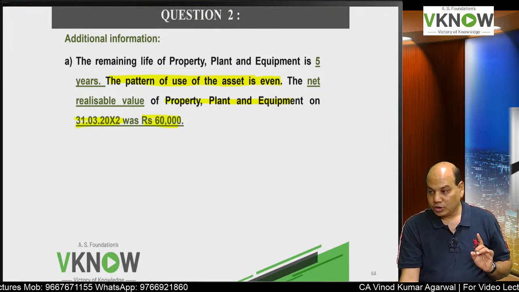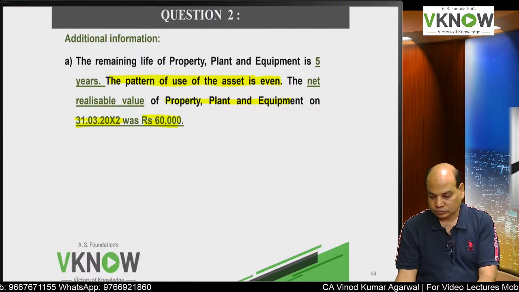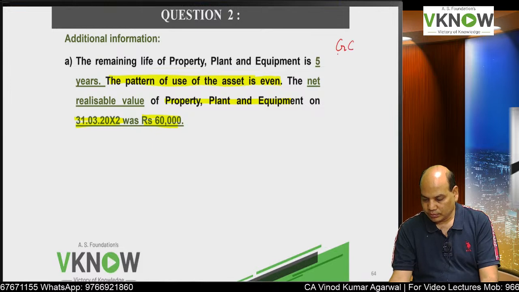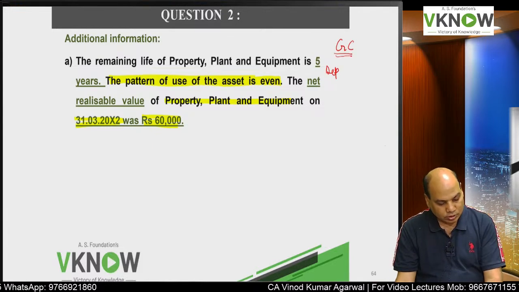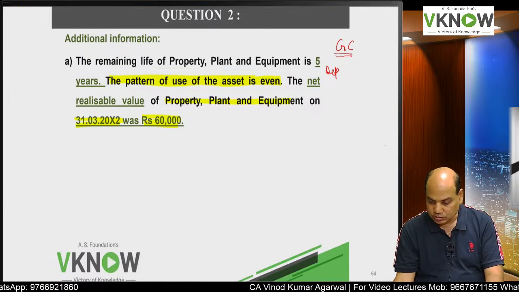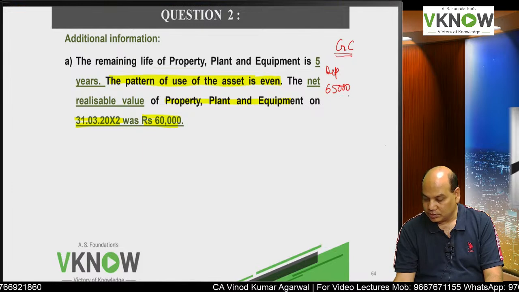Now see, if the entity is a going concern, then depreciation will be equal to, what is the cost or the balance, the balance sheet, 65,000 divided by 5.